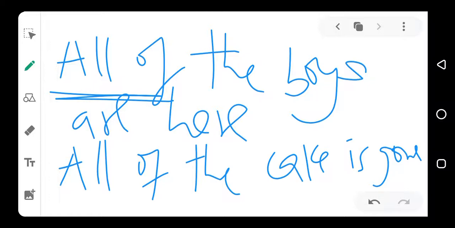It is not like that. It must agree with the subject. If at the end you have a singular subject, you must use a singular verb. If you have a plural subject, you must use a plural verb. Cake here is singular, so it takes a singular verb.